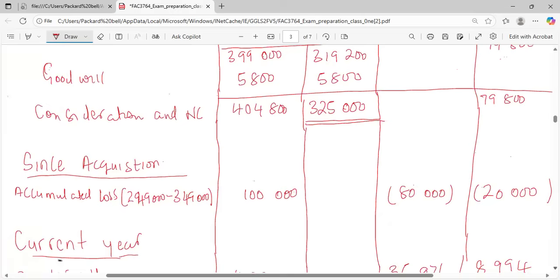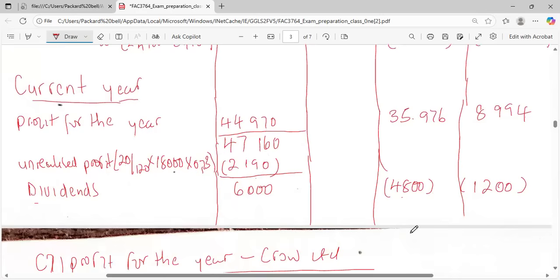So we have other comprehensive income. We say it's how much again? I forgot the figure. Anyone who has the figure for the comprehensive income?